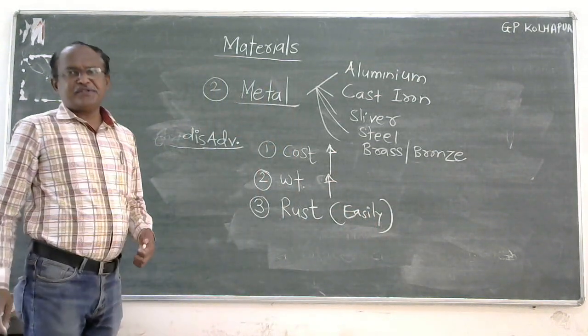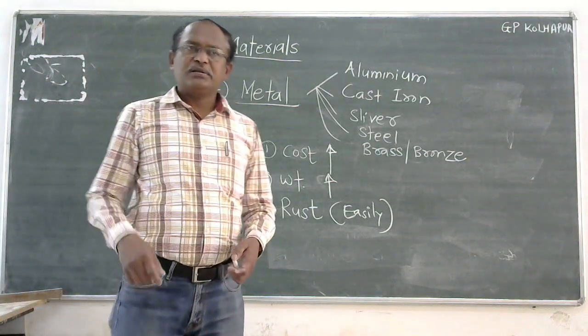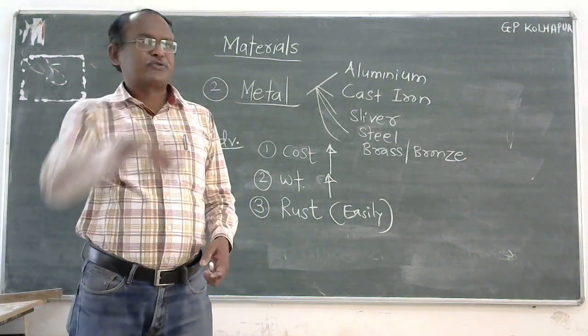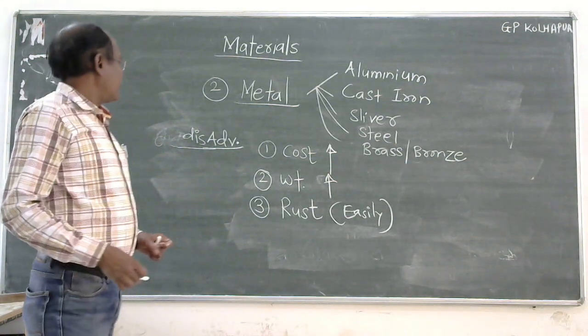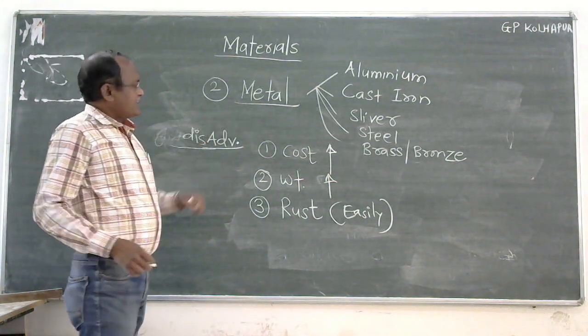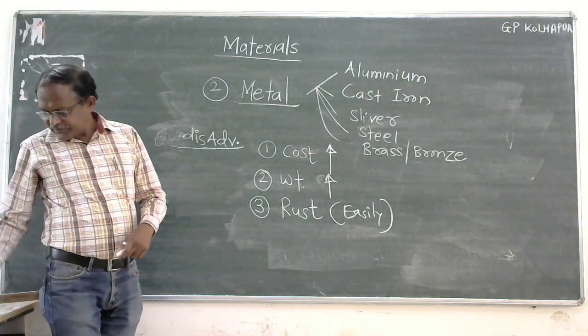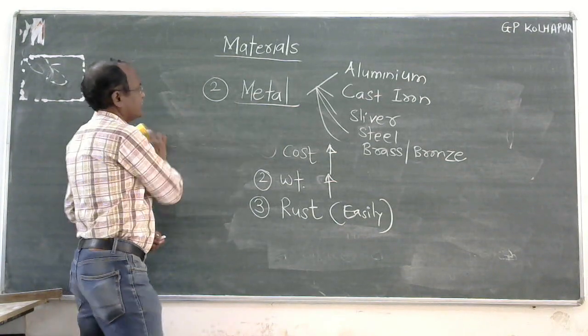Easily rust means it absorbs moisture and corrosion will occur. So that's why metal also has some drawbacks as compared to wood material.